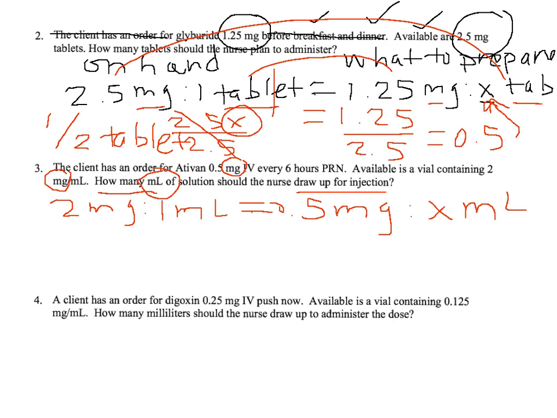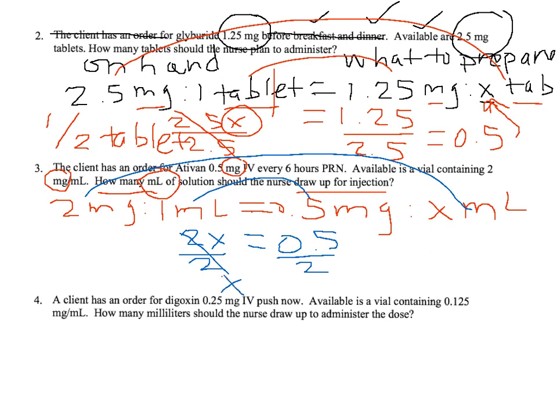All right? And then, remember, you want to multiply the outer components. So you'll multiply 2 times x, so you get 2x equals, and then you multiply the inner components. 1 times 0.5 equals 0.5. Now we need to isolate the x.